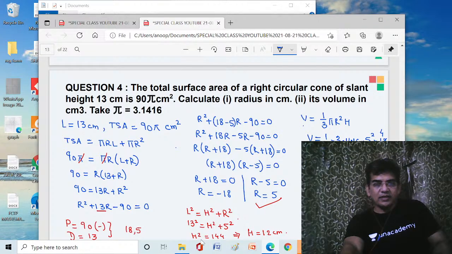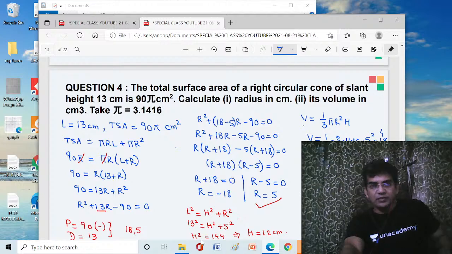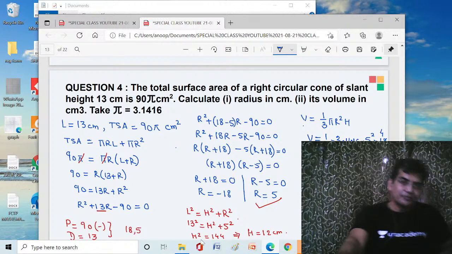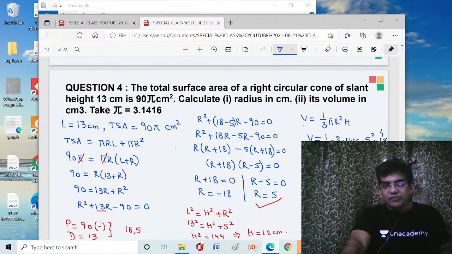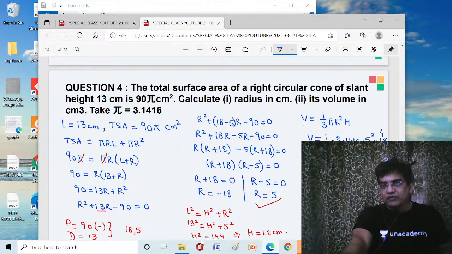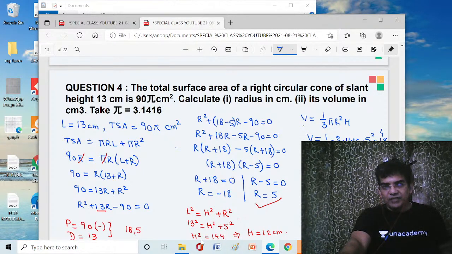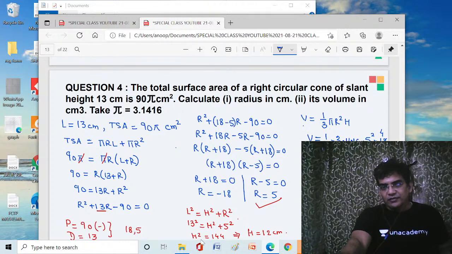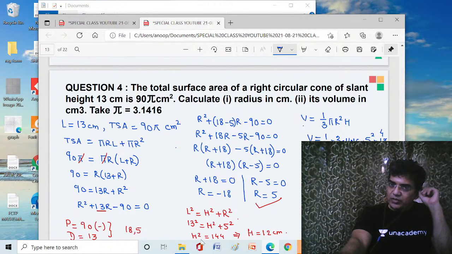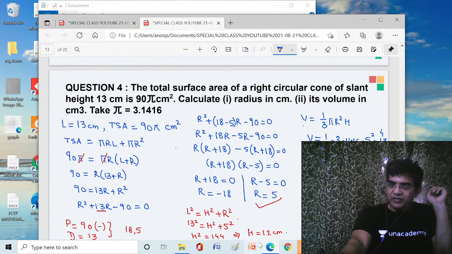Now radius r cannot be negative, so neglect this value and consider the positive value. After that, the question says we have to calculate the volume, and for volume we need the height, which is not known to us. So we have applied the formula L square is equal to h square plus r square, and this formula will give us the height.